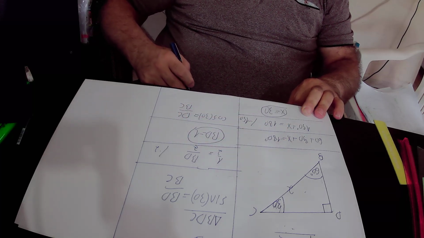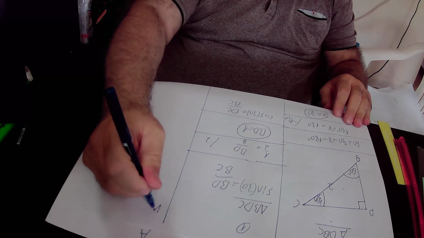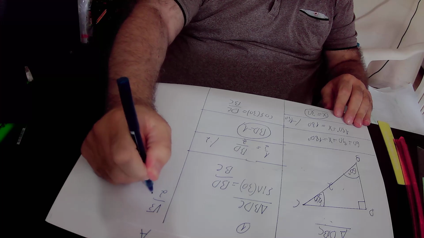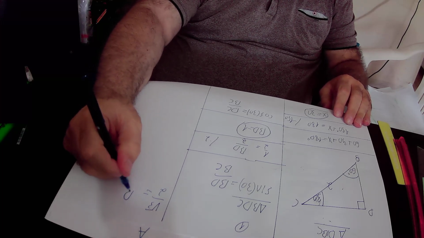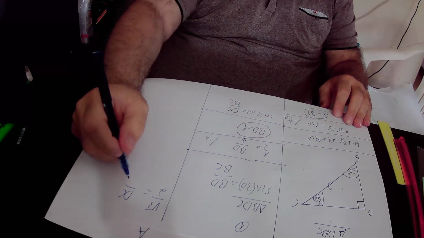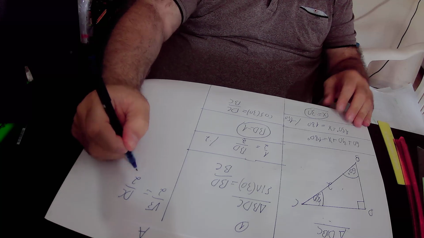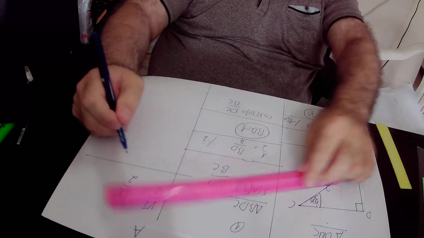So here, cosine 30 degrees is square root of 3 over 2, and it is equal to DC over BC, but BC equals 2 units, so we substitute BC by 2. So here, square root of 3 over 2 equals DC over 2.